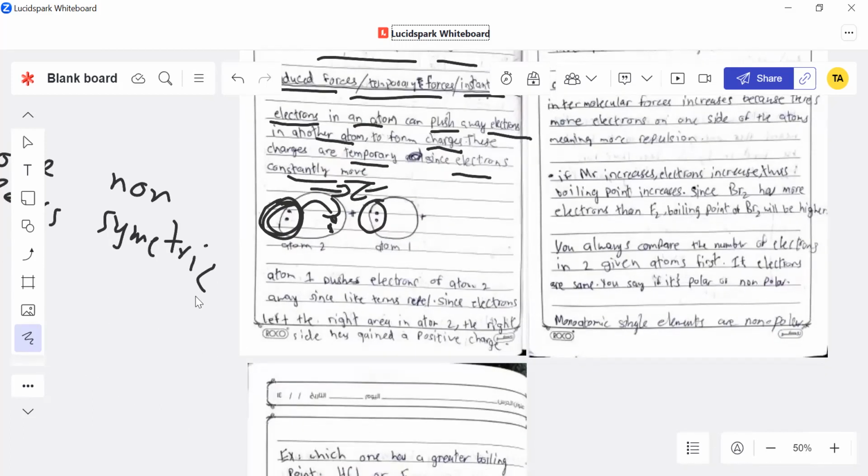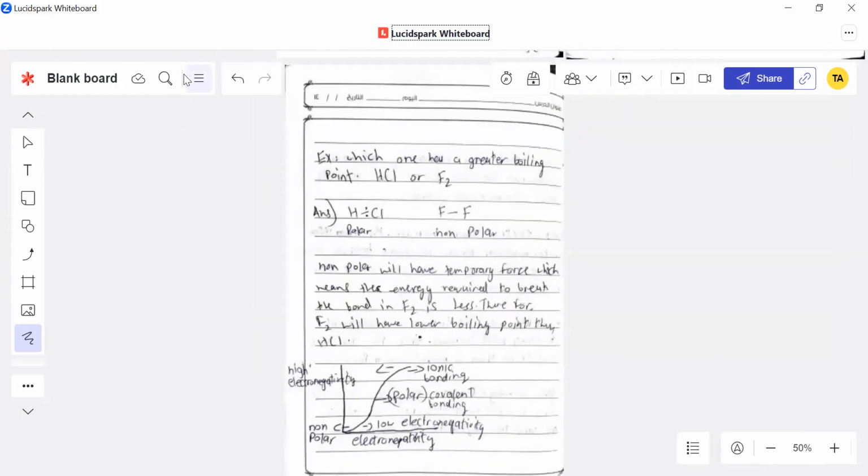So atom 1 pushes electrons of atom 2 away since it's repelling. Since electrons at the left would repel the electrons at the right, this will cause repulsion. And since electrons are moving away, there would be a force. This force is known as induced forces.